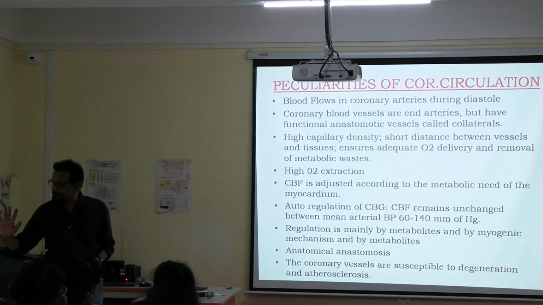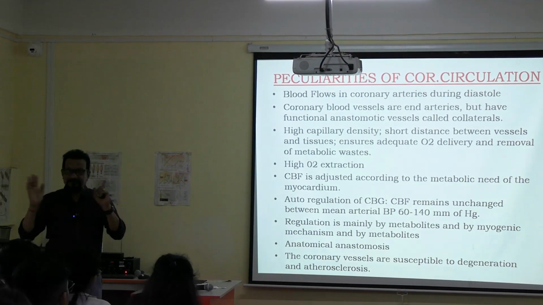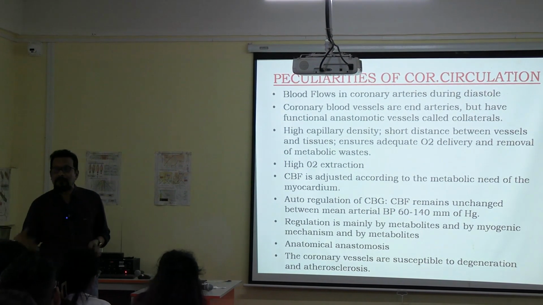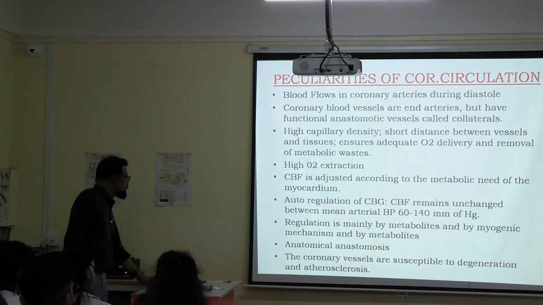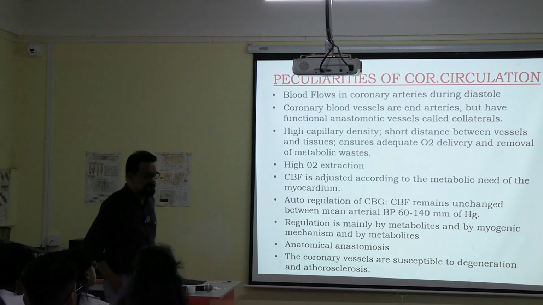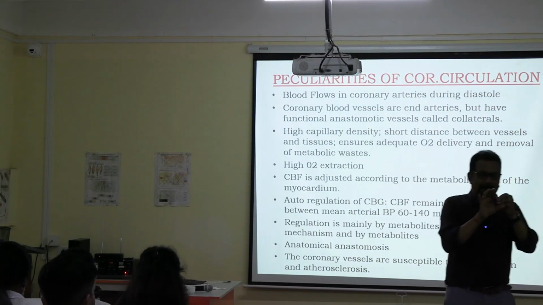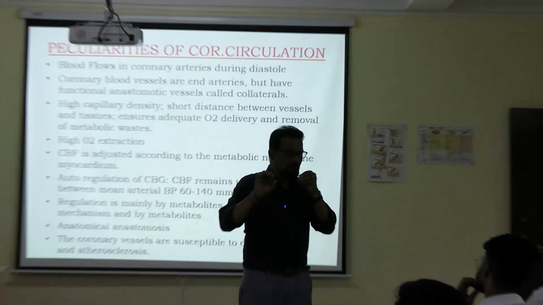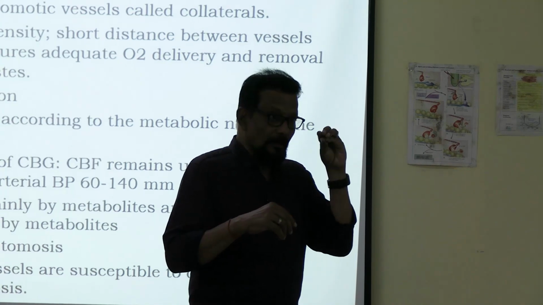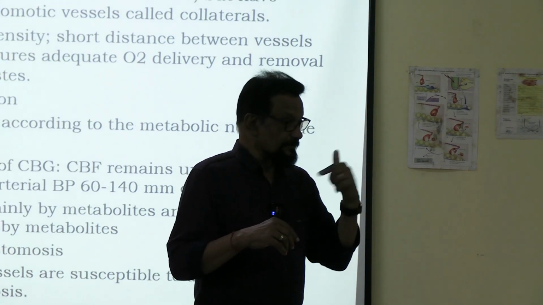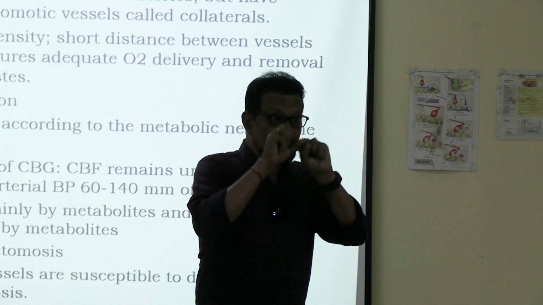I have explained it. Normally it is there, but it is not functional. When there is a need, then it will become functional. And coronary vessels are susceptible to degeneration and atherosclerosis. Degeneration means when they become narrowed because of atherosclerosis or partial obstruction by thrombus, or vasospasm.